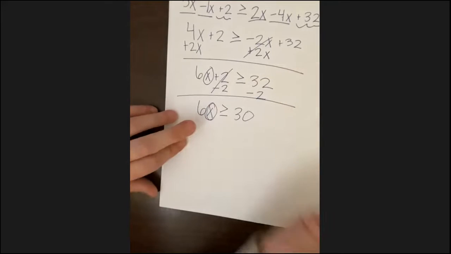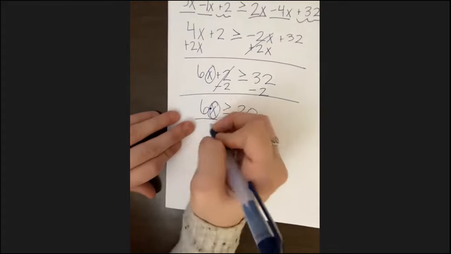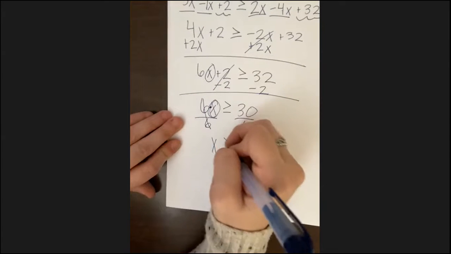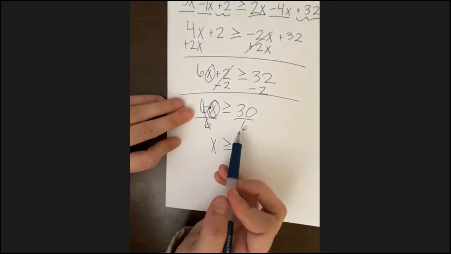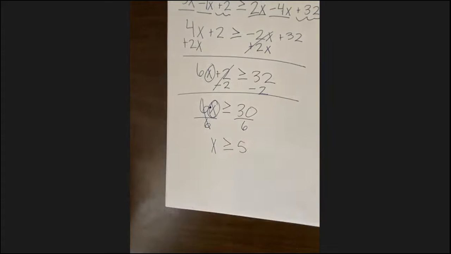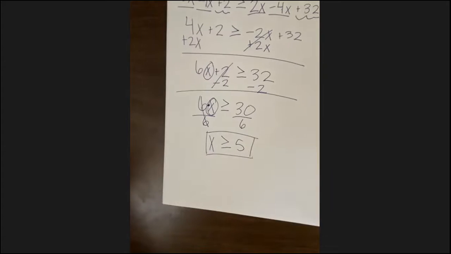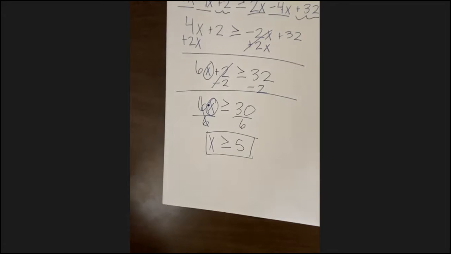And then again, getting that alone, this is being times together. To undo multiplication, you divide. And we don't flip the sign this time, right? Because we divided by a positive number. And so this would be the answer if it asks for the answer. Now, what numbers make this true? Give me some numbers.